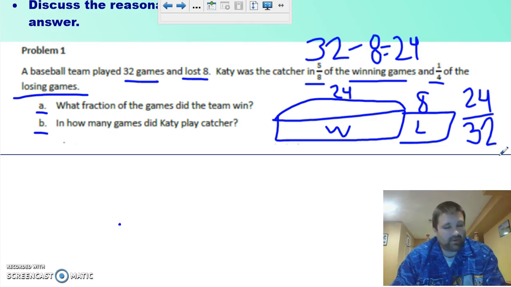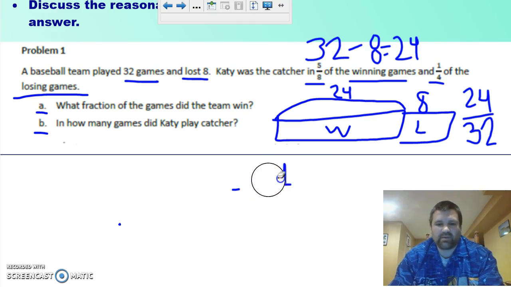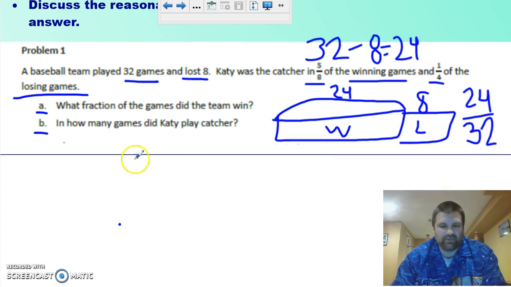There we go. But are we done? No, because we need to simplify. They're both even, so we have 24 and 32. 2 goes into 24 12 times. 2 goes into 32 16 times. You can always do this a faster way.